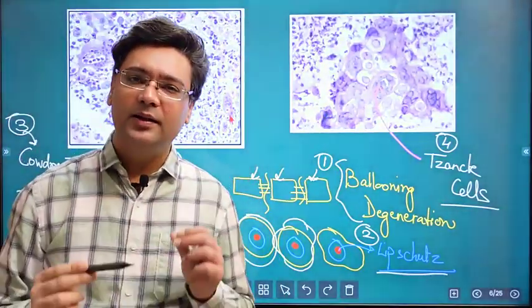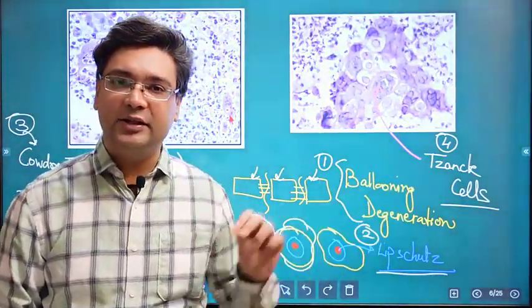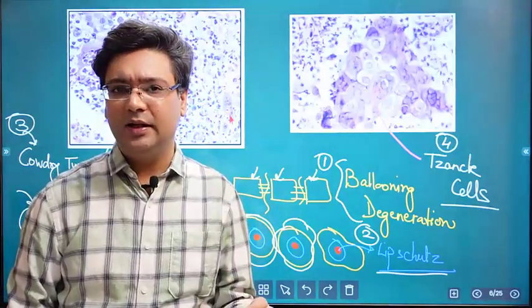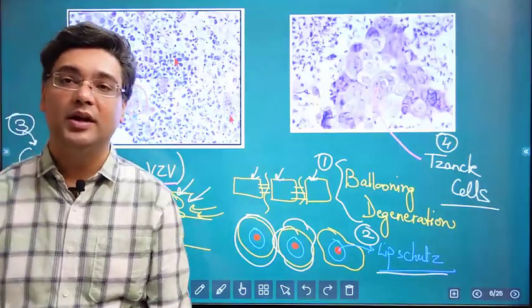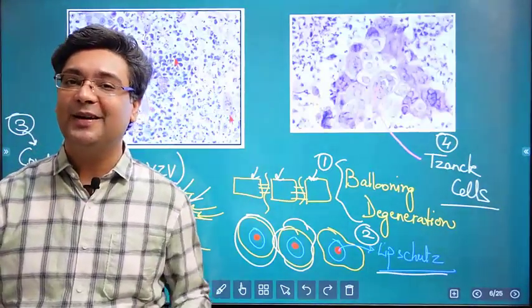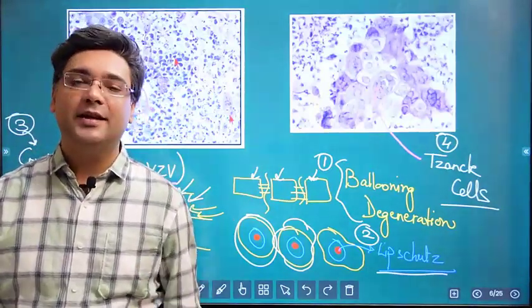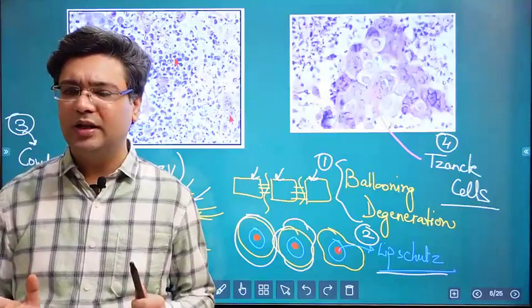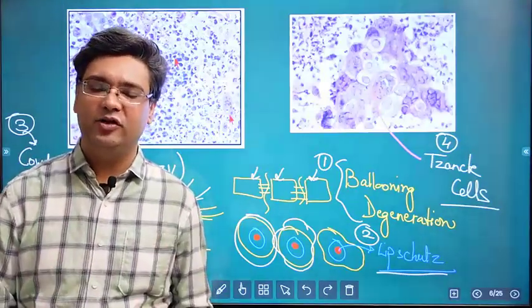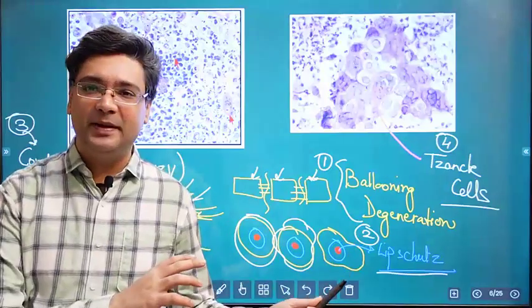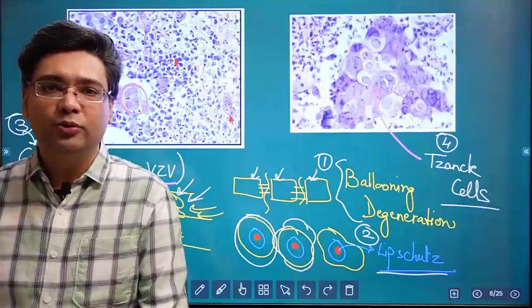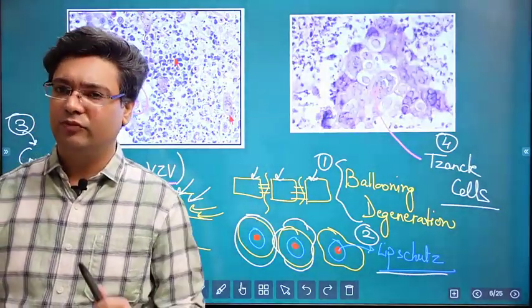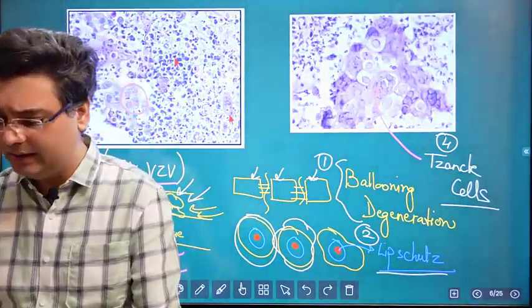Now again, the Tzanck cells are not very specific to HSV. They are seen in other viral conditions, and sometimes they are also seen in certain bacterial conditions as well. So they are not very specific, but yes, we can do these tests just to make sure that the disease is herpes.